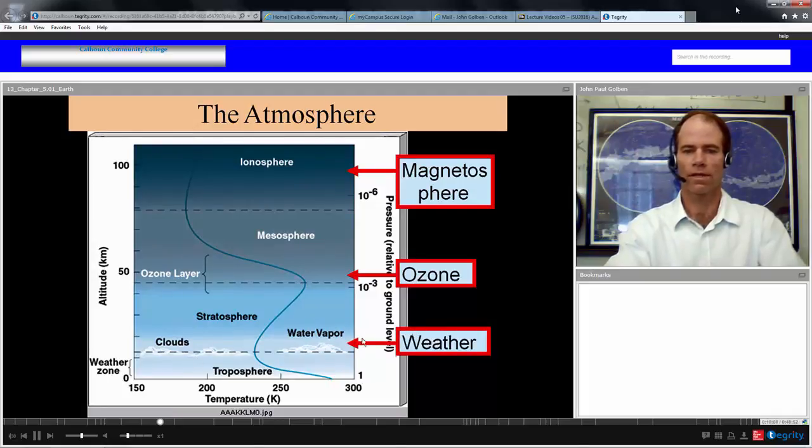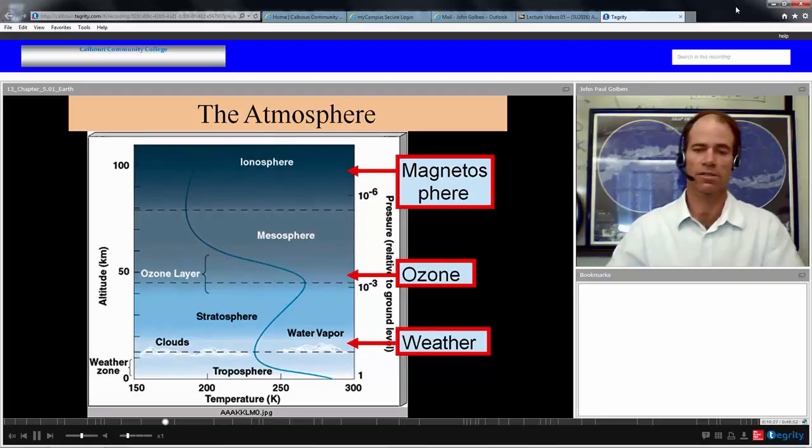We have the site of our weather in the troposphere, around this cloud layer, and if we think of it, the troposphere contains a lot of the carbon dioxide and water vapor in the atmosphere, which helps hold in the infrared radiation that heats up the Earth. And so without this layer of gas, life as we know it would not exist, because we wouldn't have the temperate conditions that are needed for life as we know it.